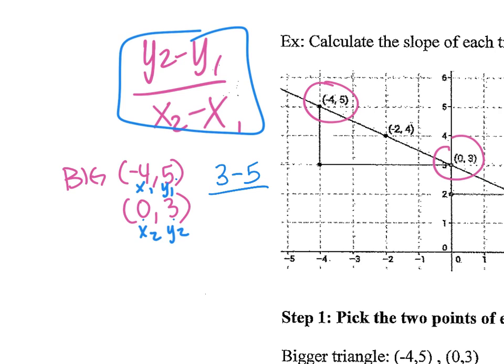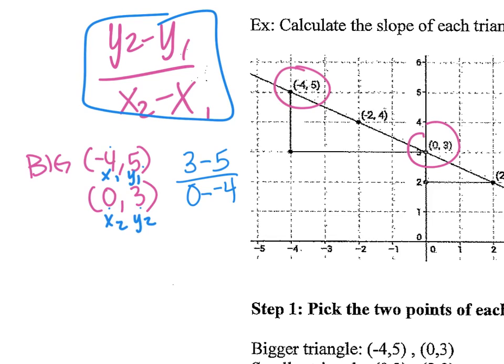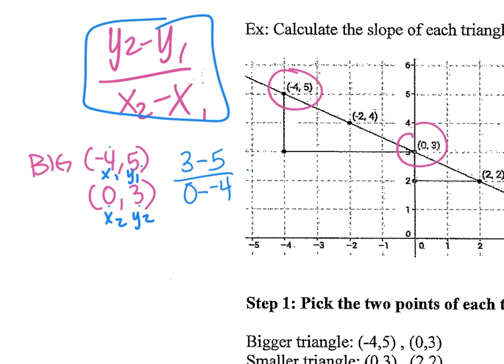That's my top. And then on the bottom, x2 was 0, minus x1, which was -4. Okay, so when I solve for that, what's my slope going to be? 3 minus 5 is -2, 0 minus -4 is +4.